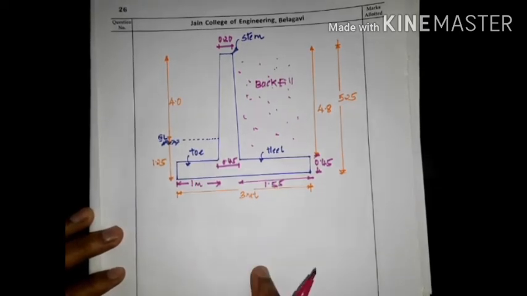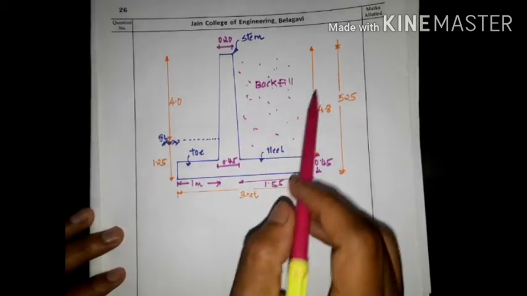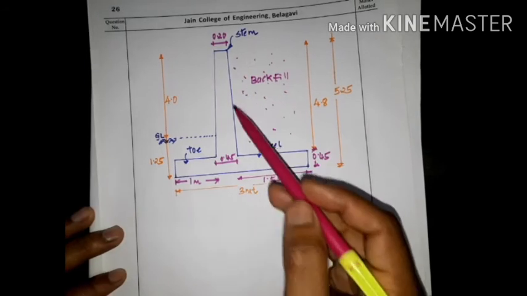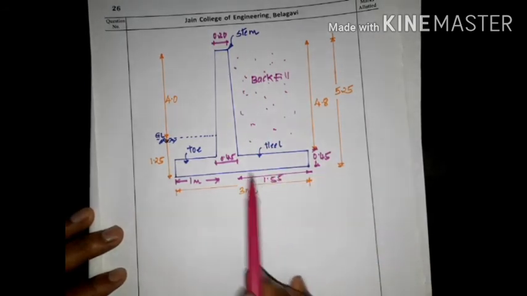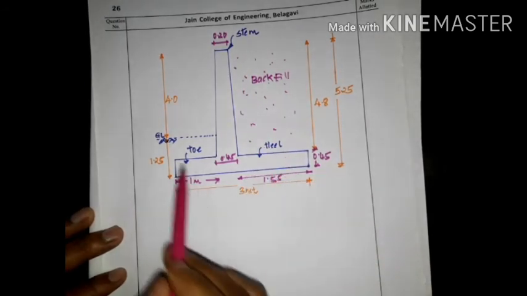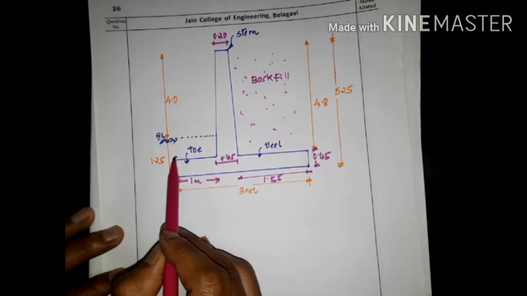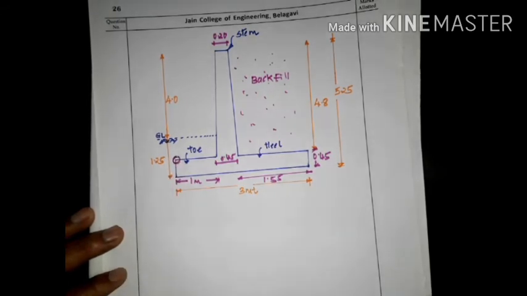And for that, we have to calculate the different types of forces acting on the retaining wall and their moment about the toe slab. So here we have to find out the bending moment about the toe slab, about this point.